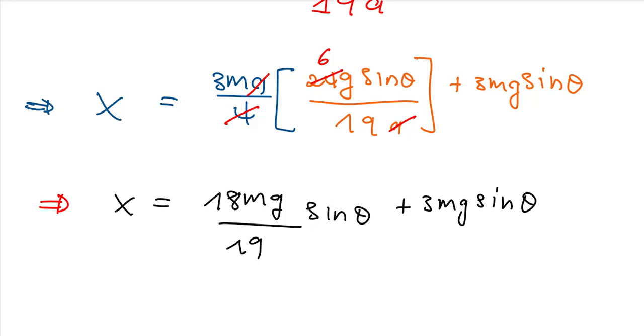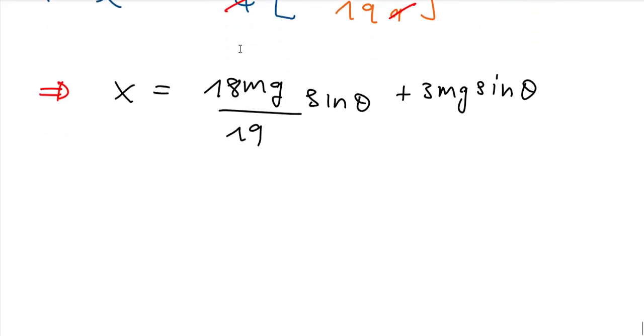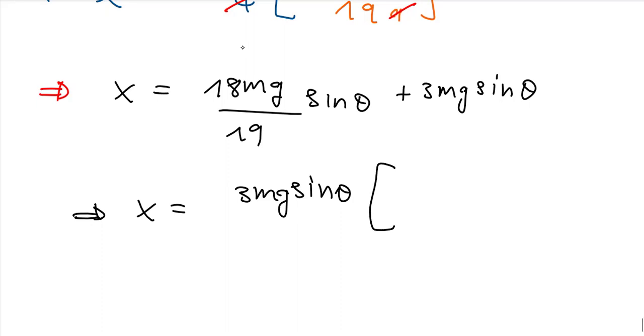Okay, now this means x will be equal to, I can factor out 3mg sine theta. What will be left? 6 on 19 plus 1.